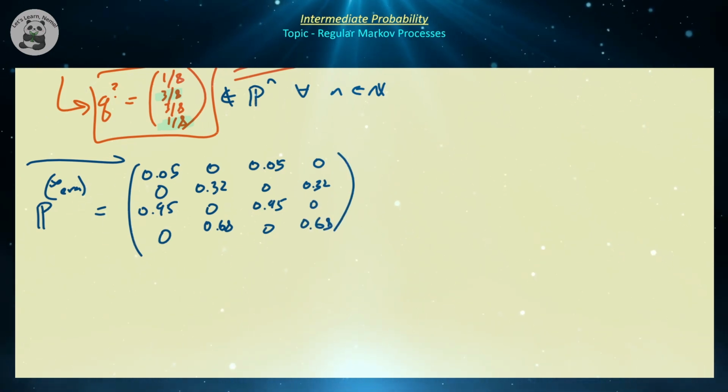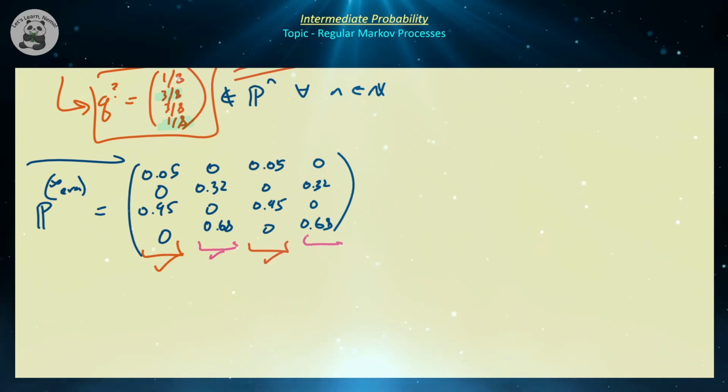So we have a couple very interesting things to look at here. Notice that this column here and this column here are the same exact thing, and this column here and this column here are also equal to the same exact thing. And that's kind of interesting. Who are these little columns in this matrix?